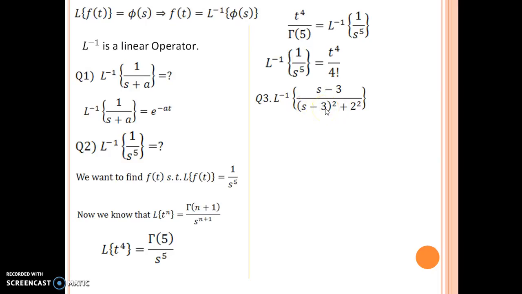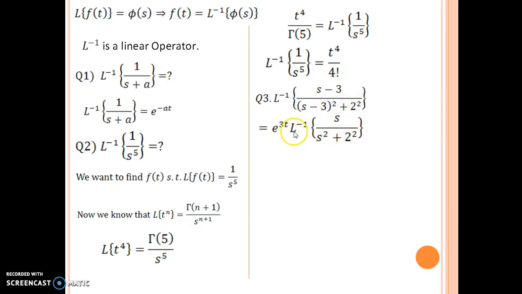Thus we will use the first shifting theorem now. How will it come into the picture? Since s is shifted by s minus 3, in the shifting theorem it would be e to the power 3t. And what would remain is the net effect. The net effect is s upon s square plus 2 square, where s minus 3 is replaced by s.